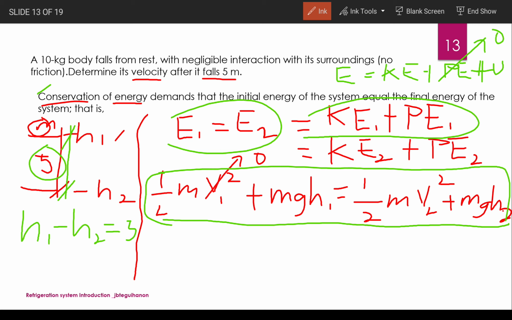In the previous example, we had been asked to solve for internal energy. But today internal energy is 0 because it doesn't collide with anything, right? That's what the problem states. We don't even consider the friction.